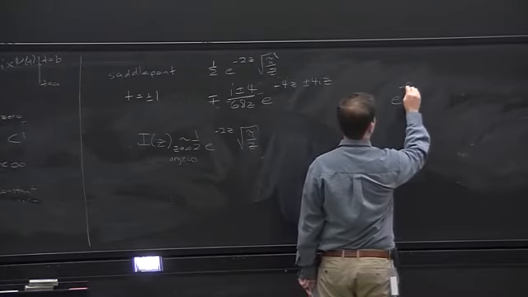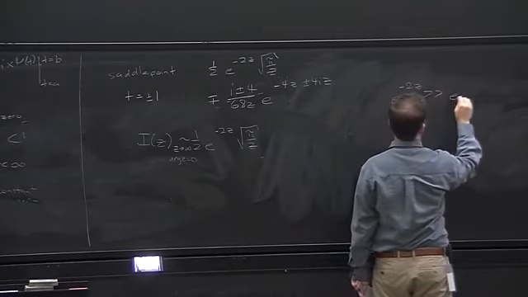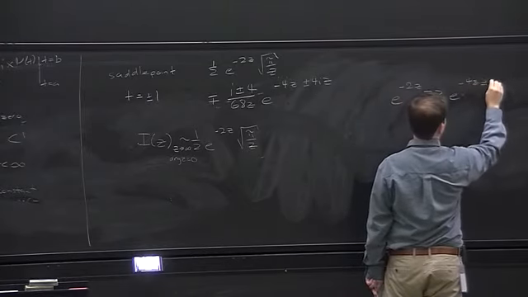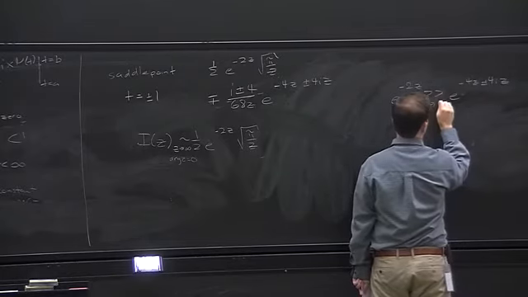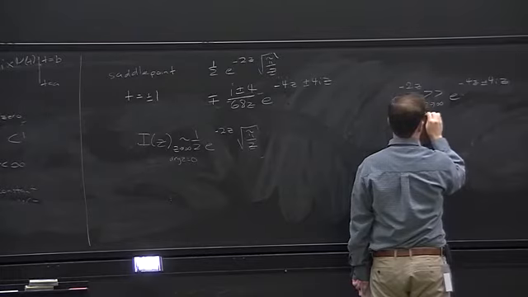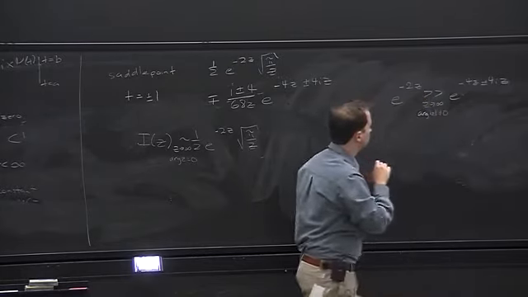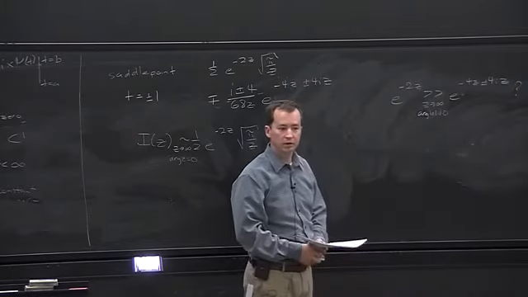Is e to the minus 2z much greater than e to the minus 4z plus or minus 4iz as z goes to infinity, z non-zero? Is that necessarily true?